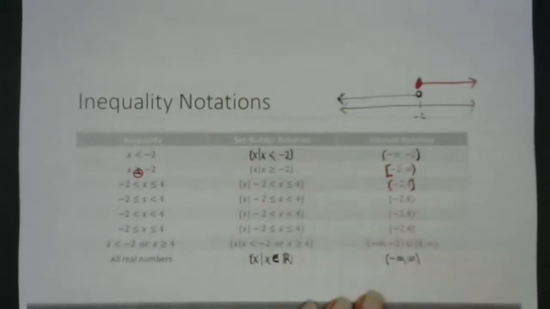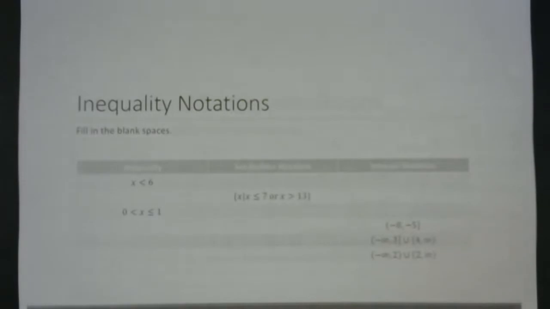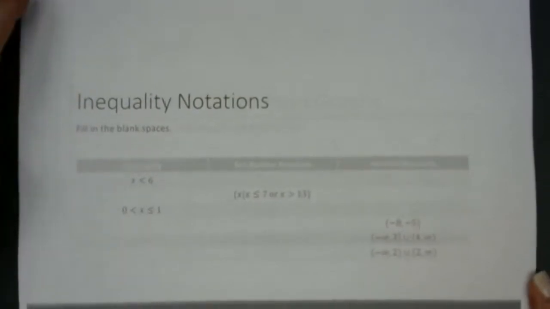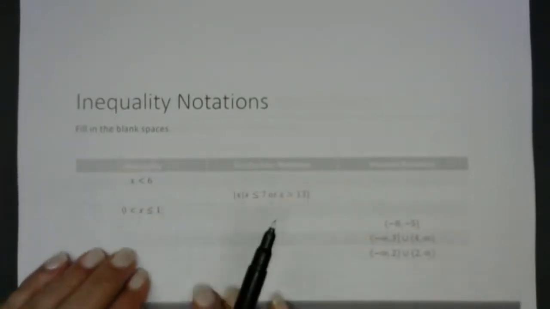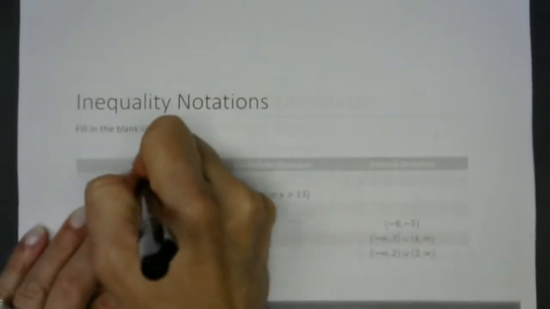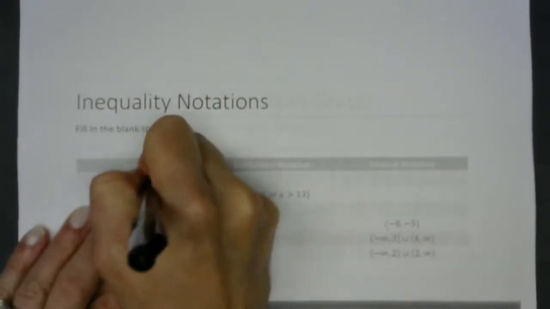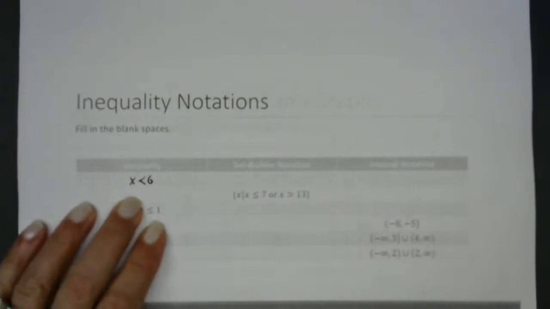Okay, let's see if we can look at a few more examples here. Maybe practice writing inequalities in different notations, and maybe actually finding the inequality from an interval notation. Look at the first line. There's an inequality there. It says x is less than 6.